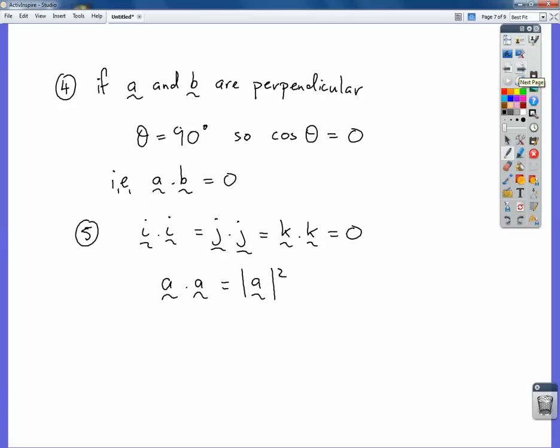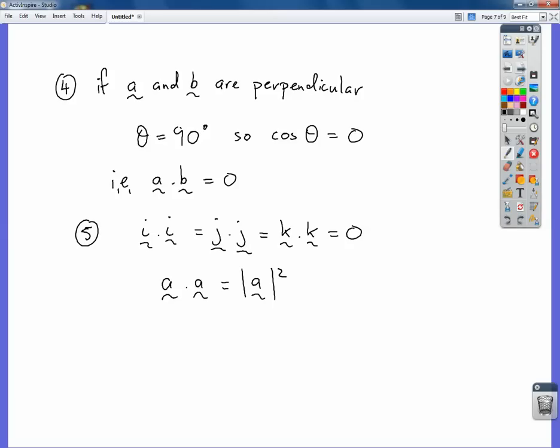If vector A and vector B are perpendicular, that is, they're at 90 degrees to each other, then the cos of 90 degrees is 0, so A dot B is 0. This is a very useful and important way of finding out whether two things are perpendicular.